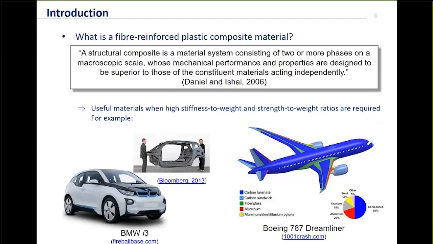So something like the Dreamliner, which has around 50% carbon fibre composite content, is a kind of prime example. But increasingly, we're also seeing interest and use of composite materials in automotive applications.